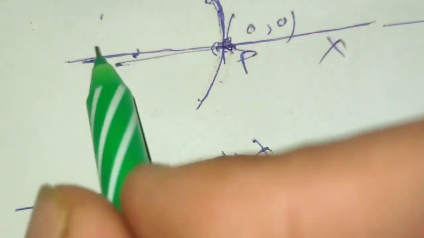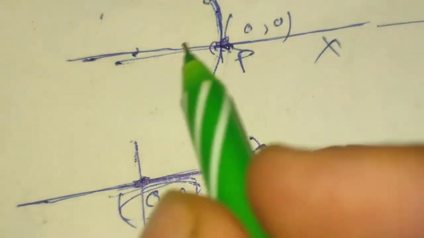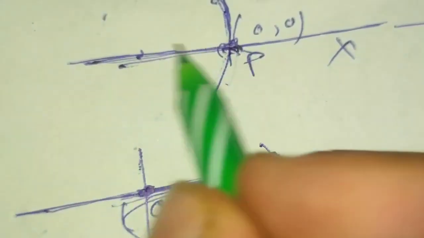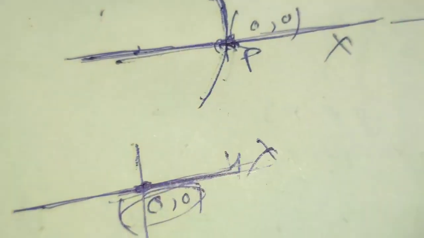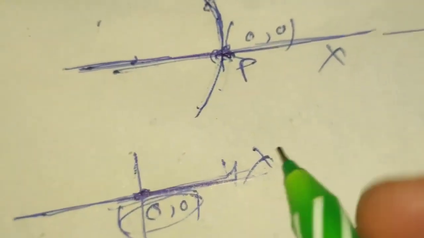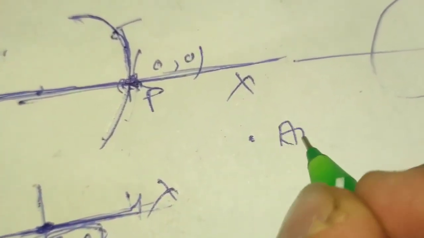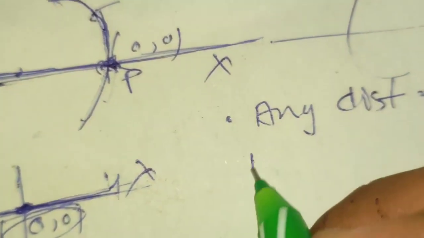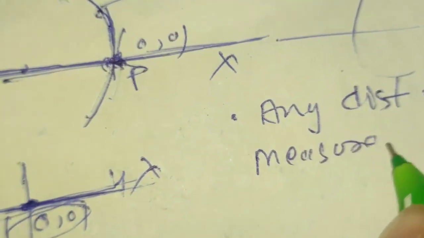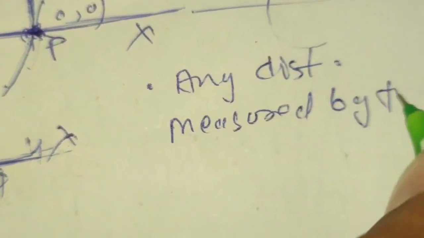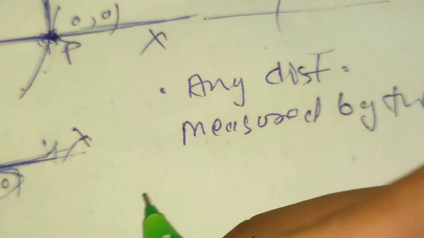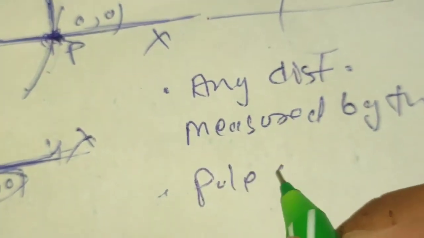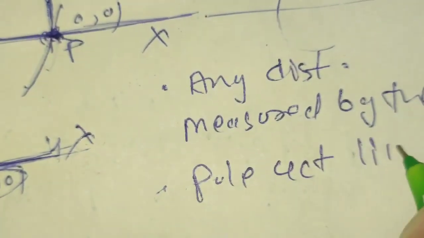Similarly, any distance, whether of the object or the image, is measured from the pole. The pole acts like the origin.